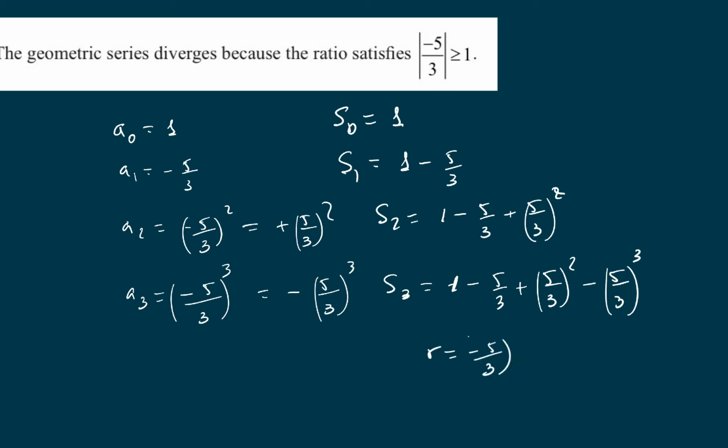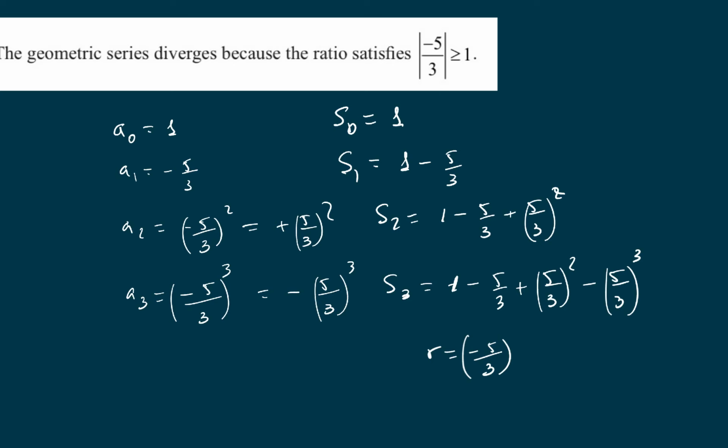Minus 5 divided by 3 is the number that you have to multiply the previous term by to obtain the following term. So if you multiply minus 5 divided by 3 by minus 5 divided by 3, you will obtain this term, 5 divided by 3 squared. If you multiply this term by minus 5 divided by 3, you will obtain this one.